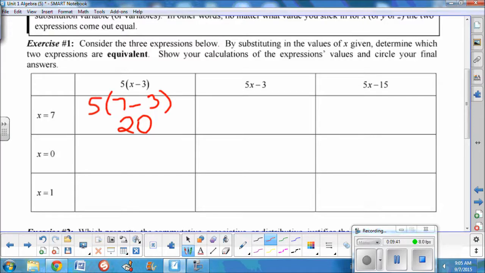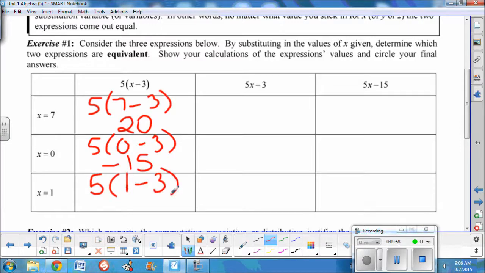And let's just go down that column and do the same thing with 0. So 5 times 0 minus 3, that's going to give us negative 15. And then with x being 1, 1 minus 3, 5 times negative 2, which gives me negative 10. Going over to this next expression, 5x minus 3, we're still doing that same thing.